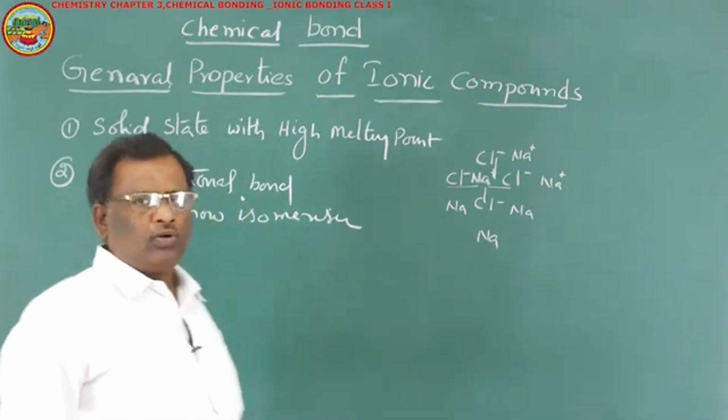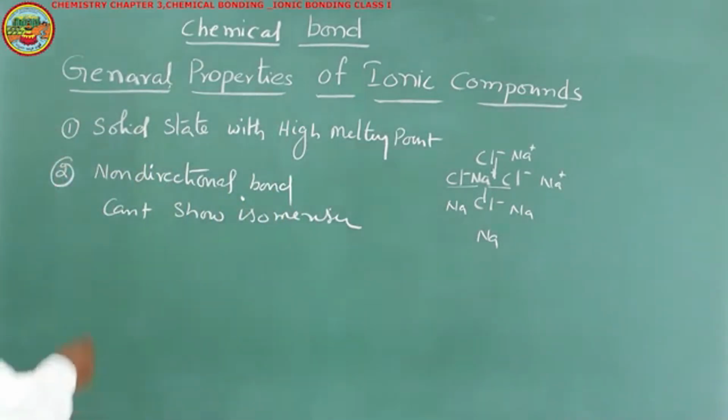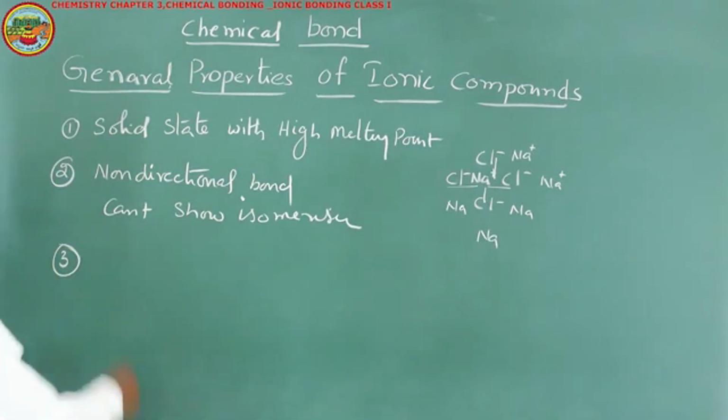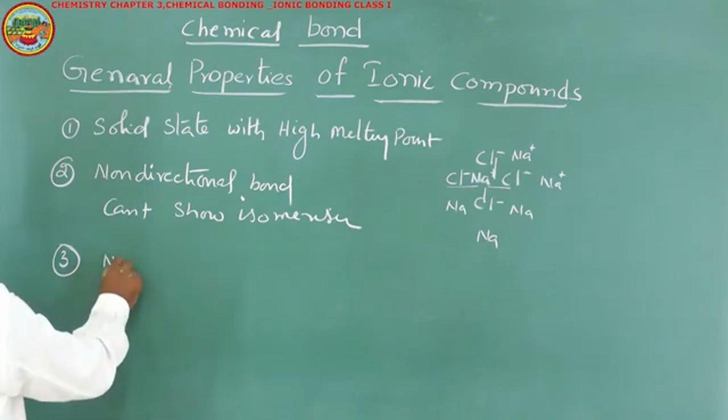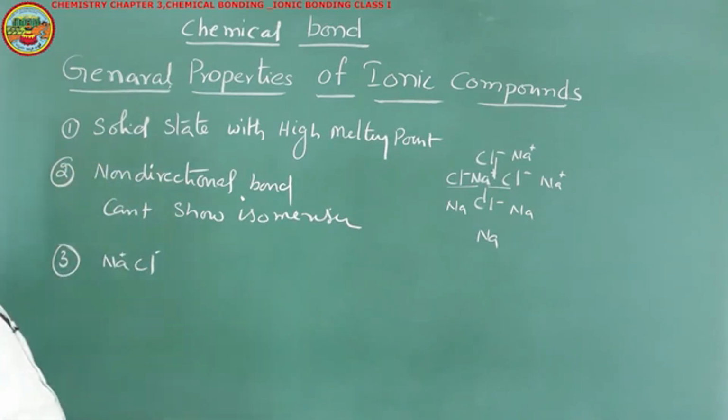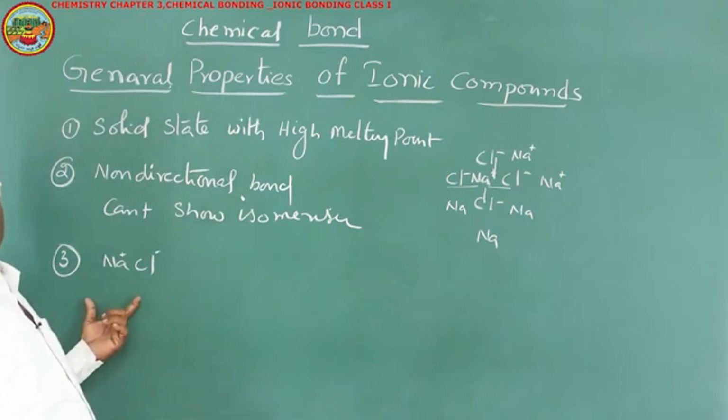And ionic compounds are soluble in polar solvents, insoluble in non-polar solvents. For example, if we take NaCl, there is a strong electrostatic force of attraction between sodium and chlorine.